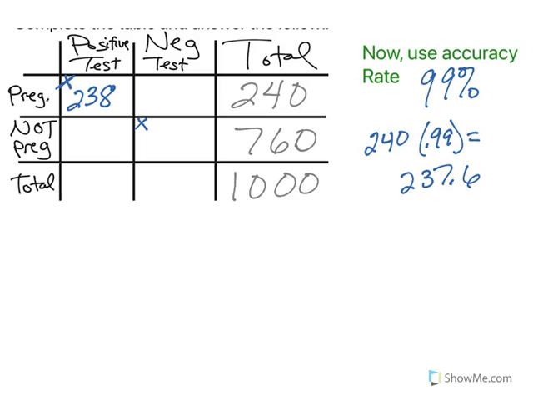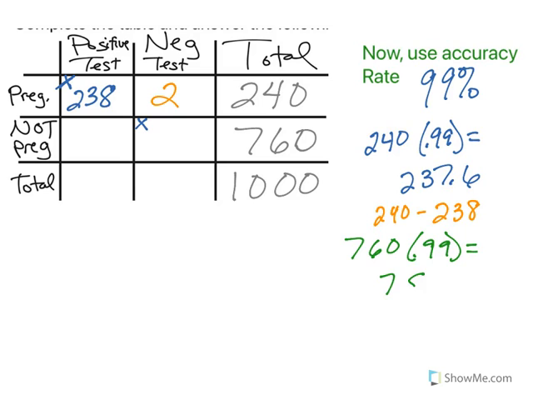So thinking through this, if I have 240 pregnant people and 238 of them tested positive, that means 2 test negative, right? Now let's go to my non-pregnants. If 760 people are not pregnant and 99% of the time it's accurate, 760 times 99% gives me 752.4. So I'm going to make that 752 for easy figuring.